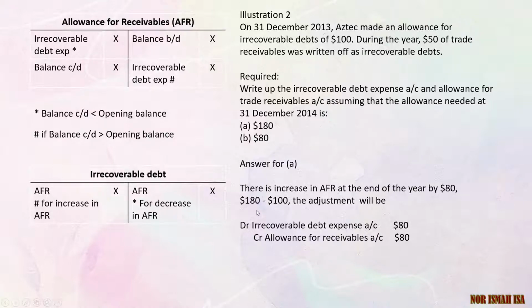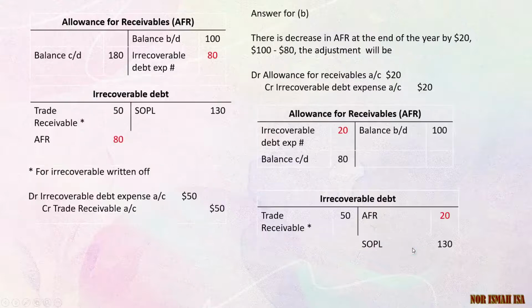Since the closing is more, the credit balance carried down is more than the opening balance, so there is an increase to allowance for receivable. As a result, the difference will debit irrecoverable debt of $80 and credit allowance for receivable $80.